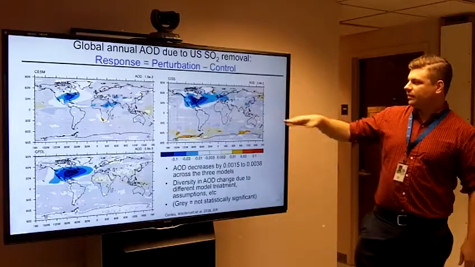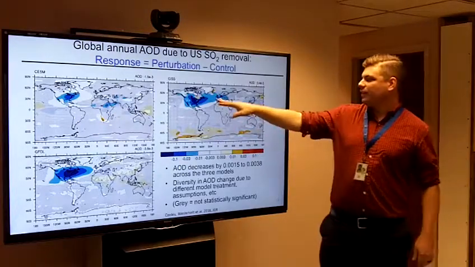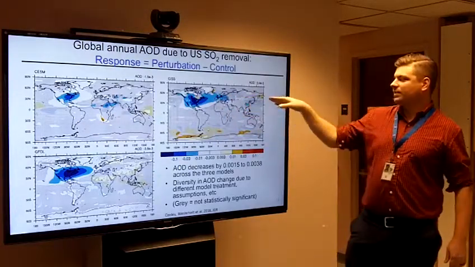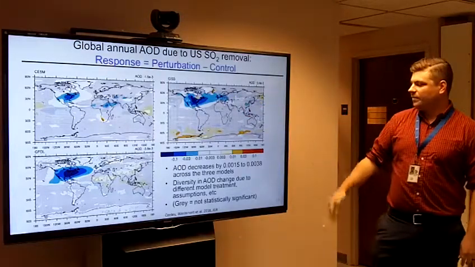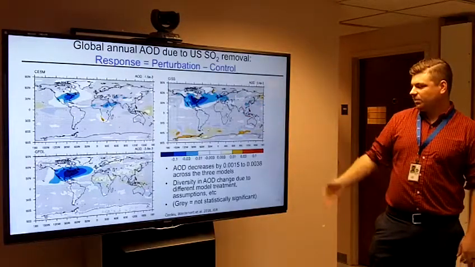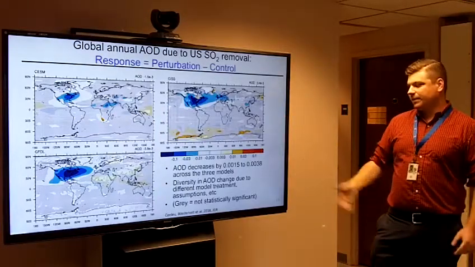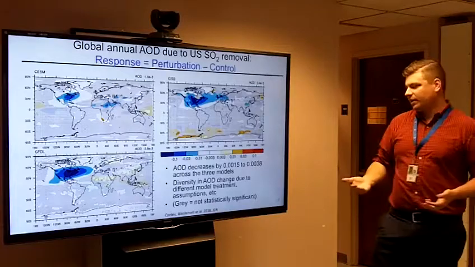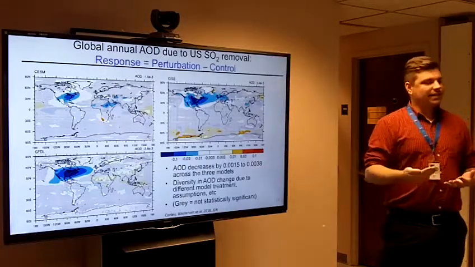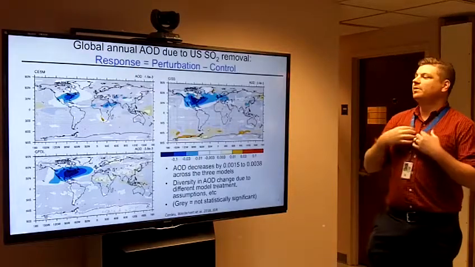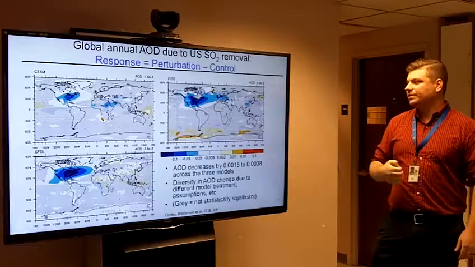Although in the GISS model and also in the GFDL model, there are widespread changes across the Atlantic into Europe as well, which are kind of interesting. There's a lot of diversity in the models, in the global means for example, and some of that is just because of vastly different model treatments of aerosols. For example, the mixing states can be different in each of these models, which has a big effect on the optical properties.